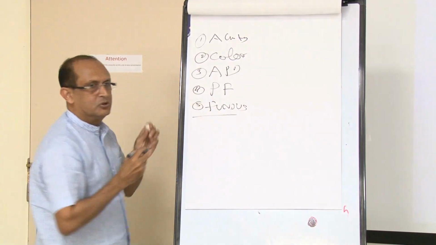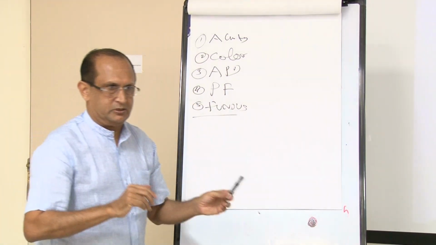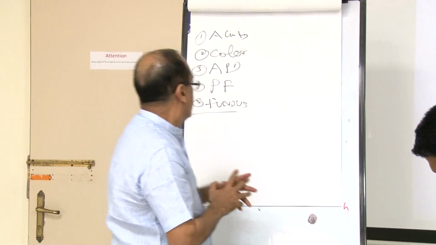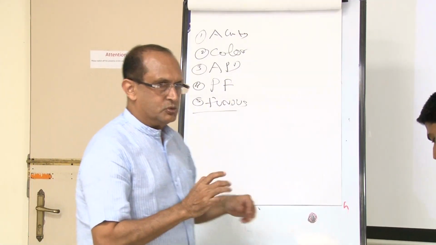These are the 5 domains of the optic nerve examination. So you start with the acuity of vision.